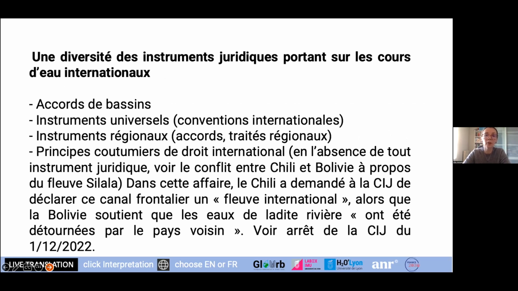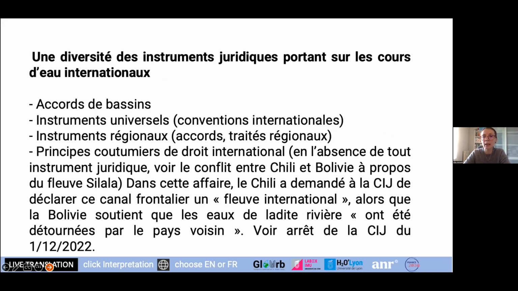So, what about international law? How does international law deal with rivers? Well, first of all, the word river is not used as such in law. It's the term international watercourse that is used. There are different legal instruments that are used with respect to international watercourses.